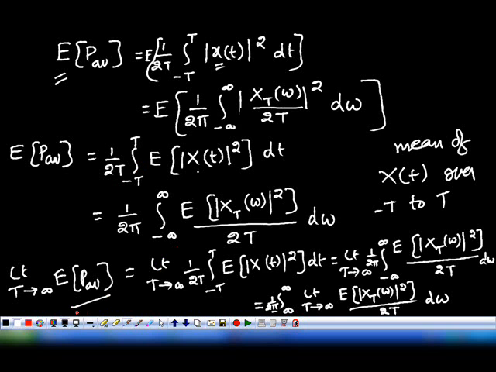So this particular quantity, expectation of P average, indicates the mean value of the random process x of t, and this is equivalent to the time average mean. What does this indicate? We are averaging in time, so this is also called the time averaged mean value of the random process x of t.